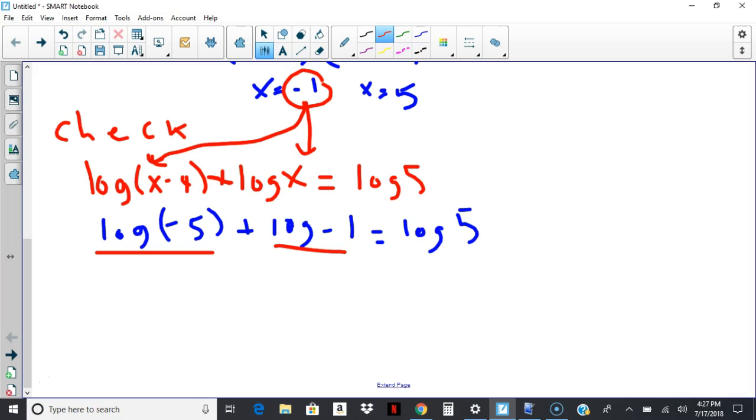So let's do this one in green here. How about? So I'm going to have log of 5 minus 4. So log of 1 plus log of 5 is equal to log of 5.